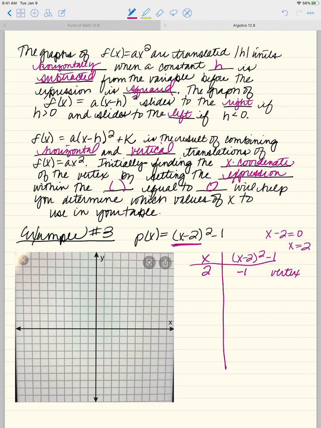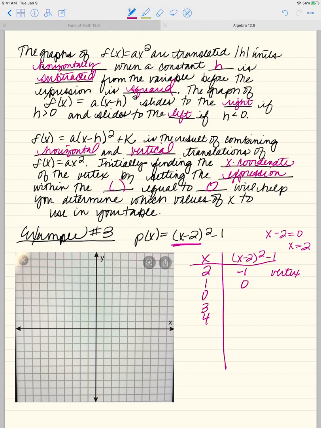Now we want to choose values for x. We want to choose the two values to the left of the x value of our vertex and the two values to the right. So we're going to do 1 and 0, and we're also going to do 3 and 4. When x is 1, 1 minus 2 is -1. -1 squared is 1. 1 minus 1 is 0.